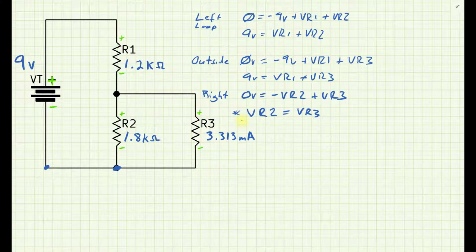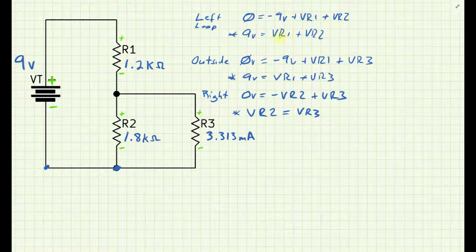Interestingly, I know that VR1 plus VR2 equals 9 volts, and VR1 plus VR3 equals 9 volts, so my two other loop equations are basically equivalent.